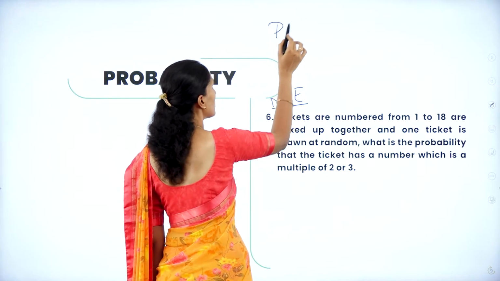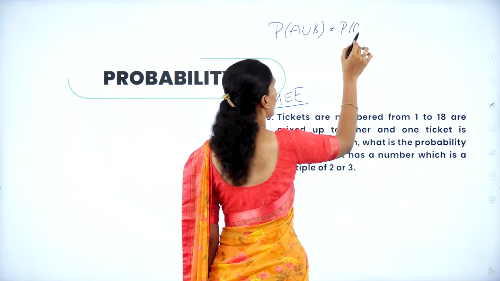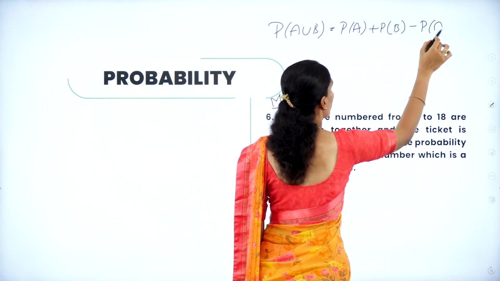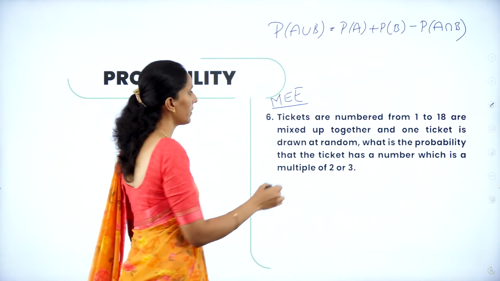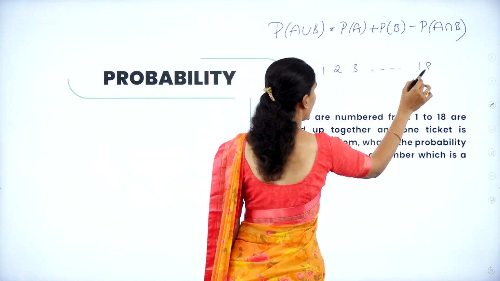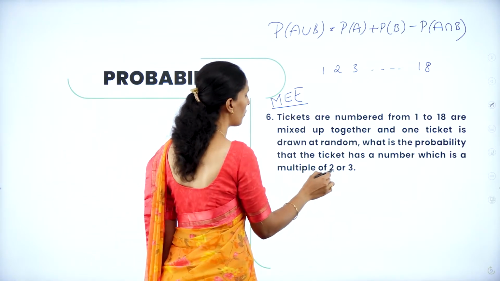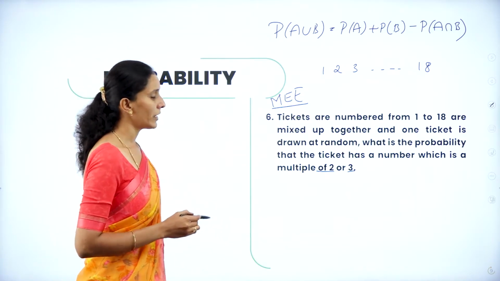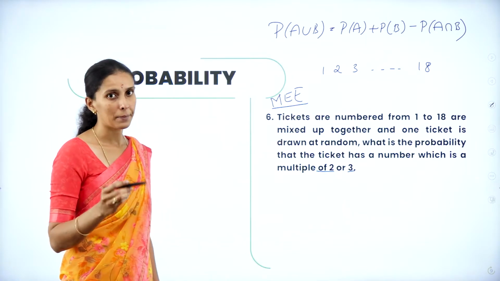As you all know this formula, probability of A union B is P of A plus P of B minus P of A intersection B. Here we have a ticket numbered 1, 2, 3 till 18. So I have to find the multiple of 2 and multiple of 3, so that the ticket number is either a multiple of 2 or a multiple of 3.